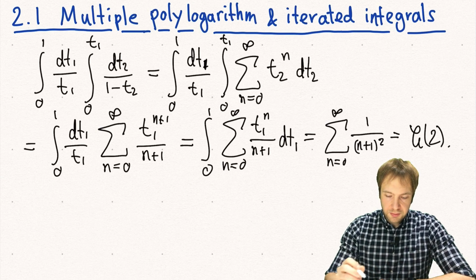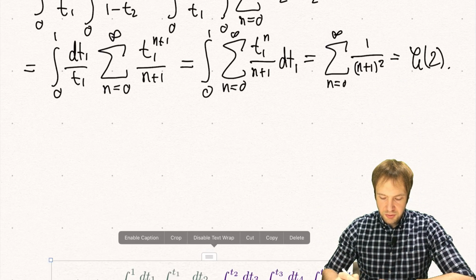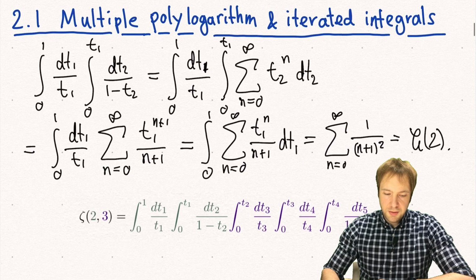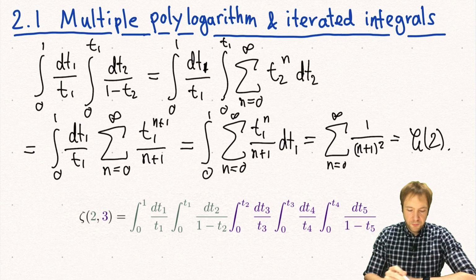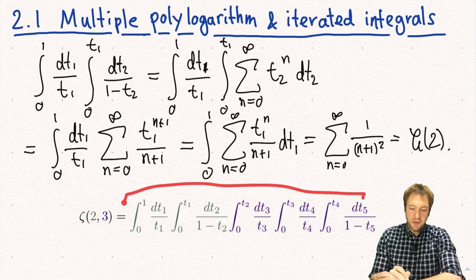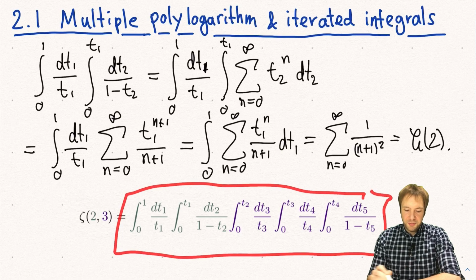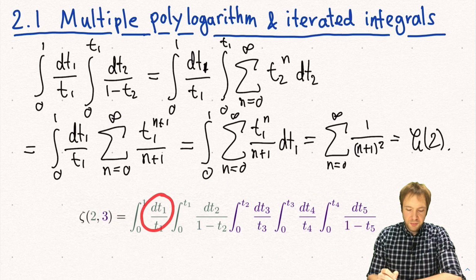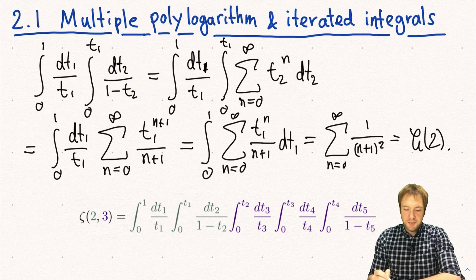And one thing you will do in the homework is, if you do the same game, for example, with this iterated integral here. So now there are 5 integrals, and you have these two differential forms, dt over t and dt over 1 minus t.